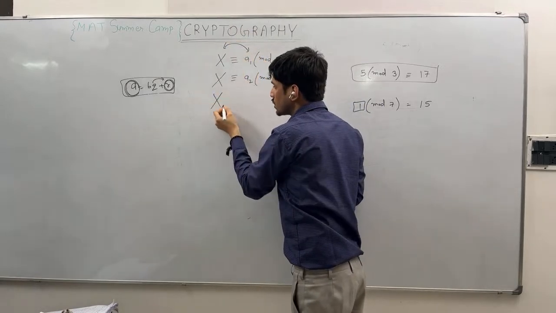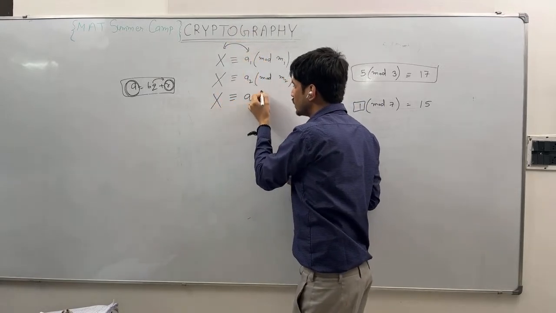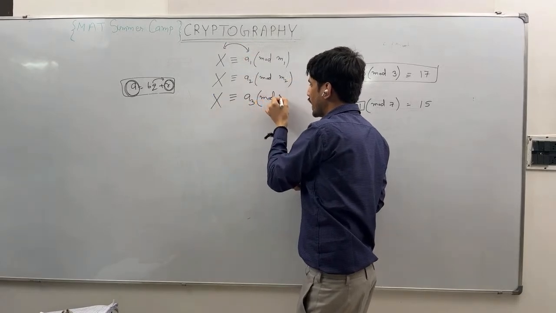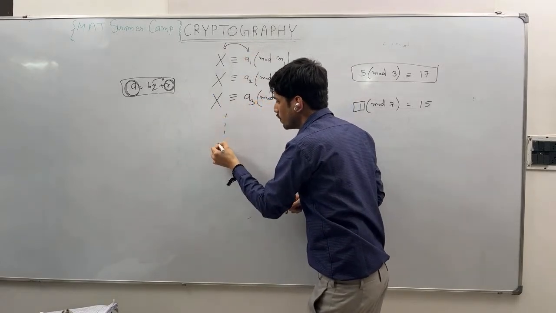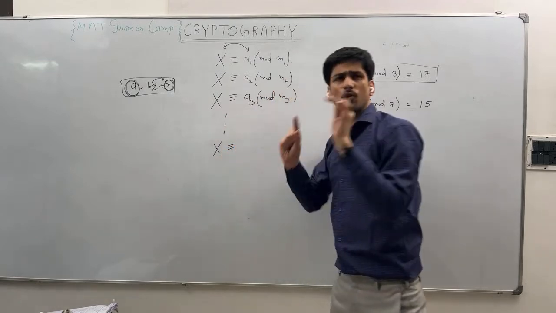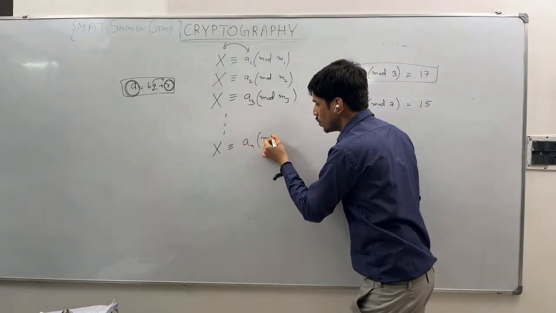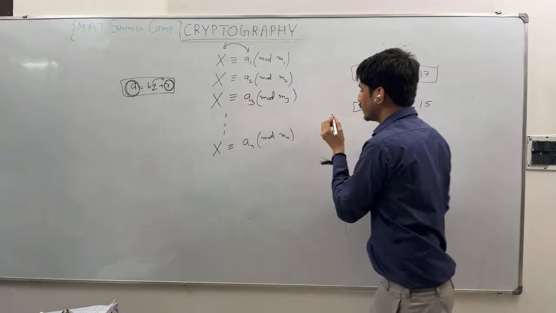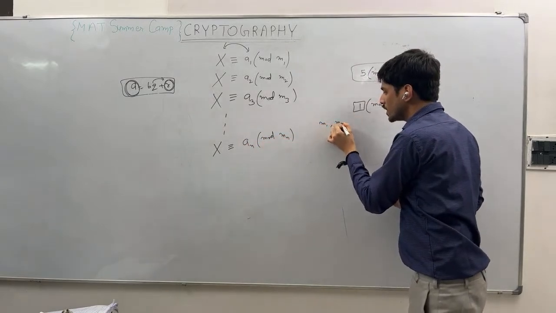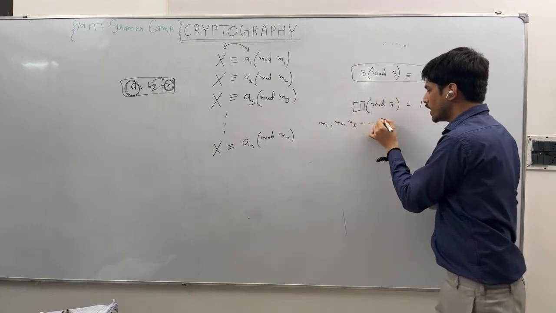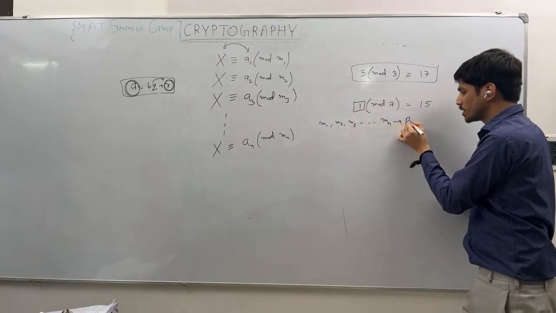So let's say we have a set of equations, a3 mod m3, and likewise n equations, but here we'll be doing only 2 or 3 equations. So here we have an mod mn. It means that m1, m2, m3, and all numbers are prime numbers. Is it clear?